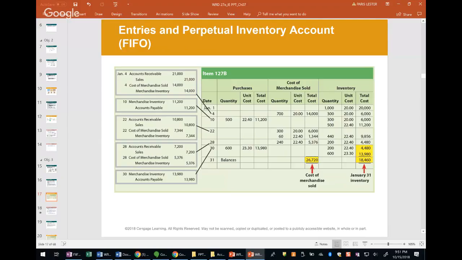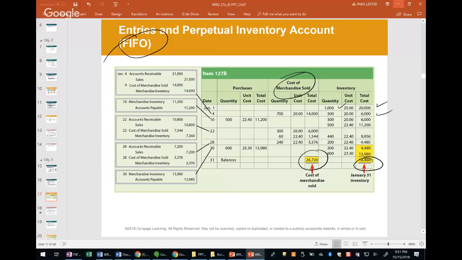Here we have $1,000, $20,000. We sold 700. That left us 300. And you follow this through just like I did a minute ago. So you have your ending inventory, and you also have your cost of merchandise sold. Now that's FIFO.